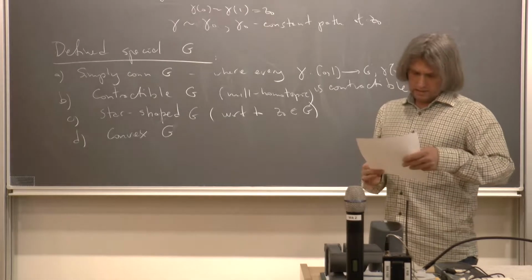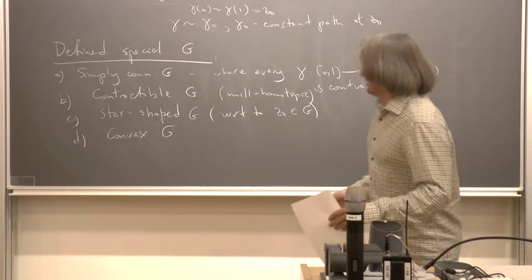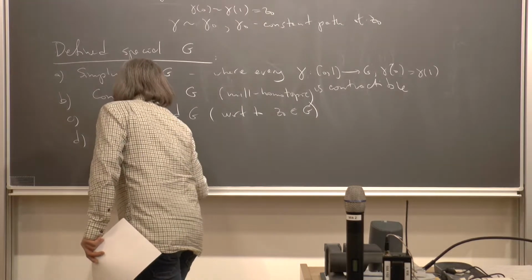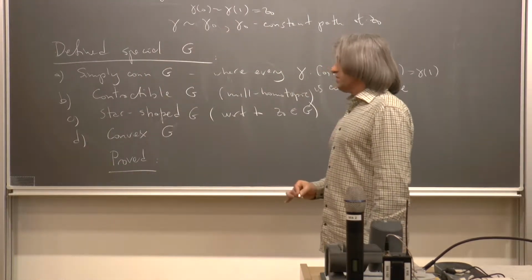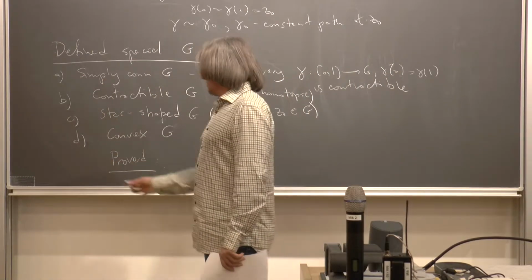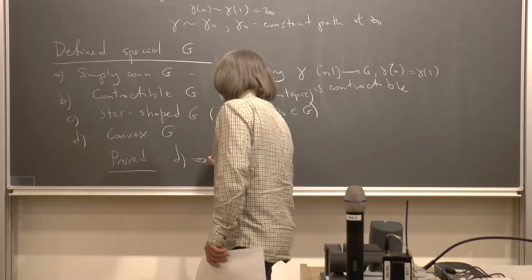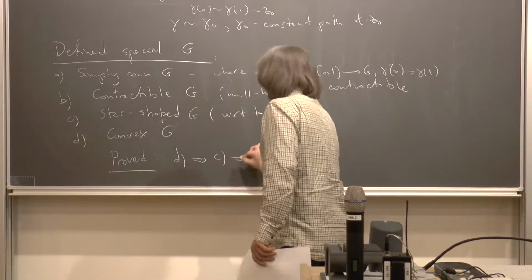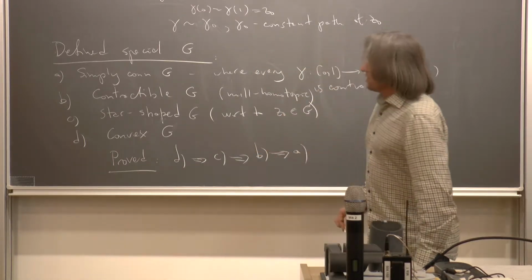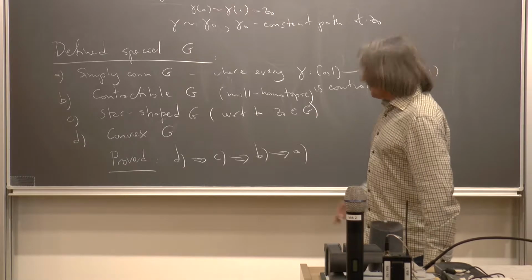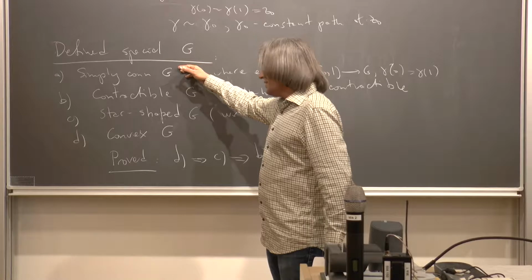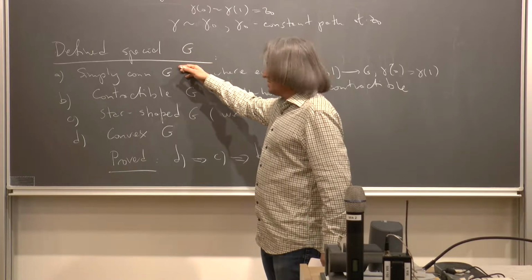And we proved that the sequence of implications goes from the bottom to the top. So D is the strongest, it implies C, which implies B, which implies A. We are interested in these, but somehow we don't have tools to verify that some subspace is simply connected.